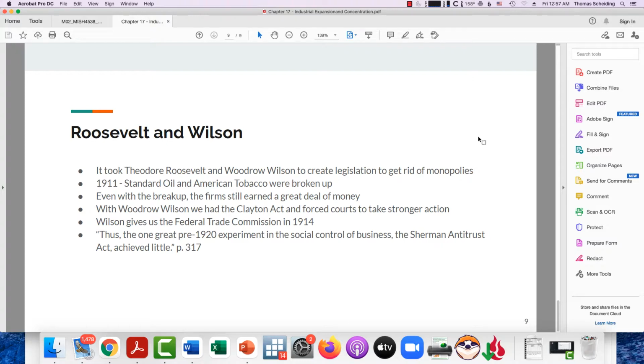The government is intervening to control businesses for the benefit of the public at large. And the Sherman Antitrust Act showed the government what worked and what didn't, such that when we get the Federal Trade Commission in 1914, we have much more of a stronger protection of consumers in the marketplace.